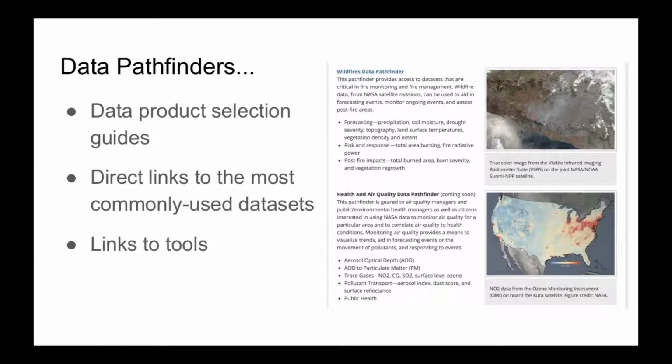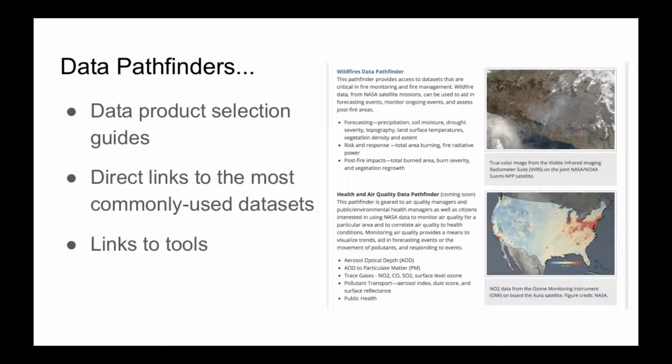So it may be TROPOMI or OMI, the Ozone Monitoring Instrument, or what have you. We also provide links to data within tools, such as Giovanni, and then again, visualizations of the data in Worldview. And again, those are all direct links, so you go straight to the data set that is indicated there.